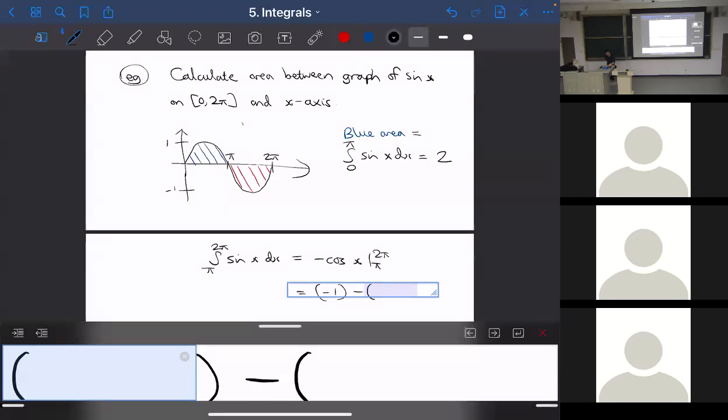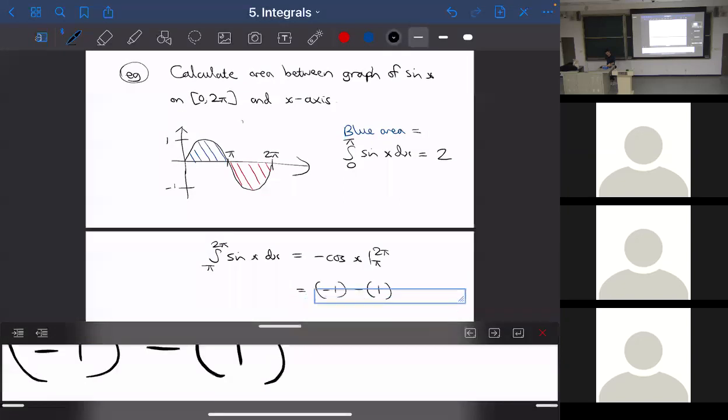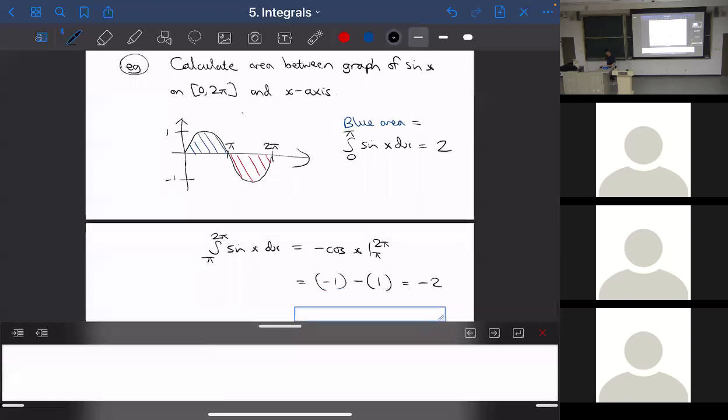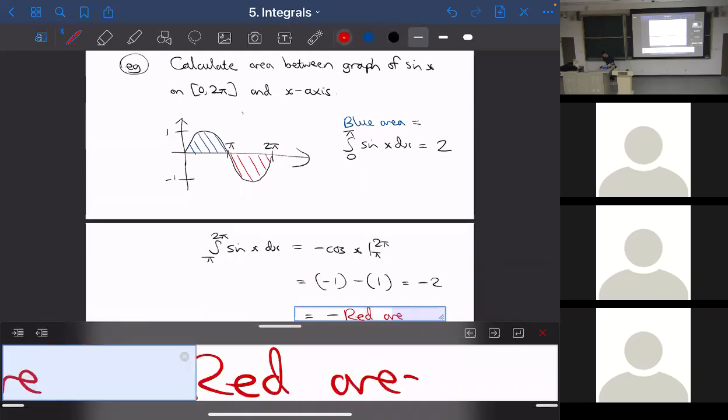So that's minus minus 1, which is plus 1. And so the answer is minus 2. And that equals, well, it's clear in this case that it equals minus the red area.